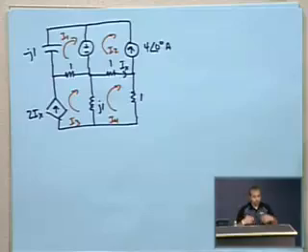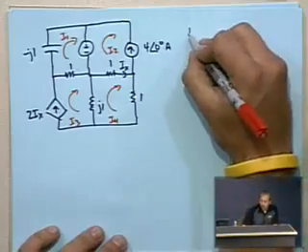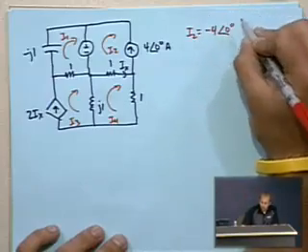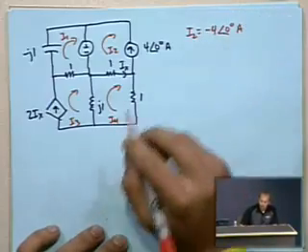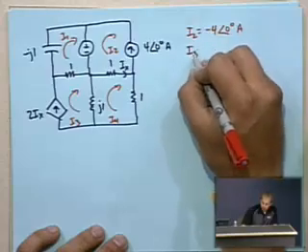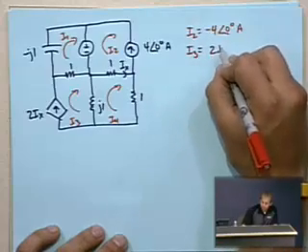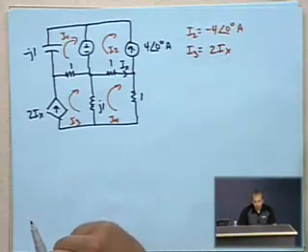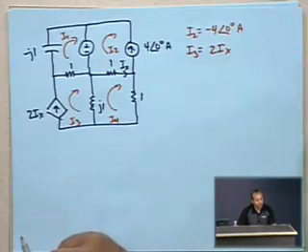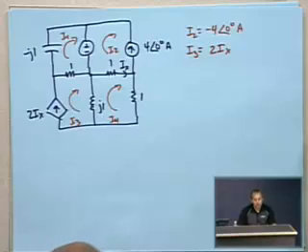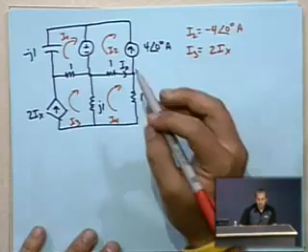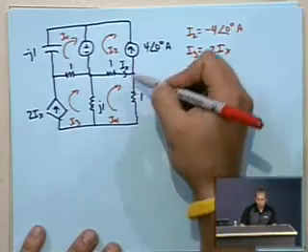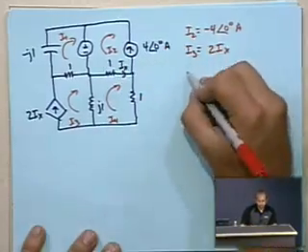A couple of them are nice and easy to deal with. I2 goes the opposite direction as our source, so that's going to just be 4 at an angle of 0 degrees amps. And I3 is constrained by the dependent source to be 2 times IX. The last thing that we need to do before we can start writing the mesh equations is to write the controlling equation for our dependent source. IX is this current flowing here, which will be I4 minus I2.